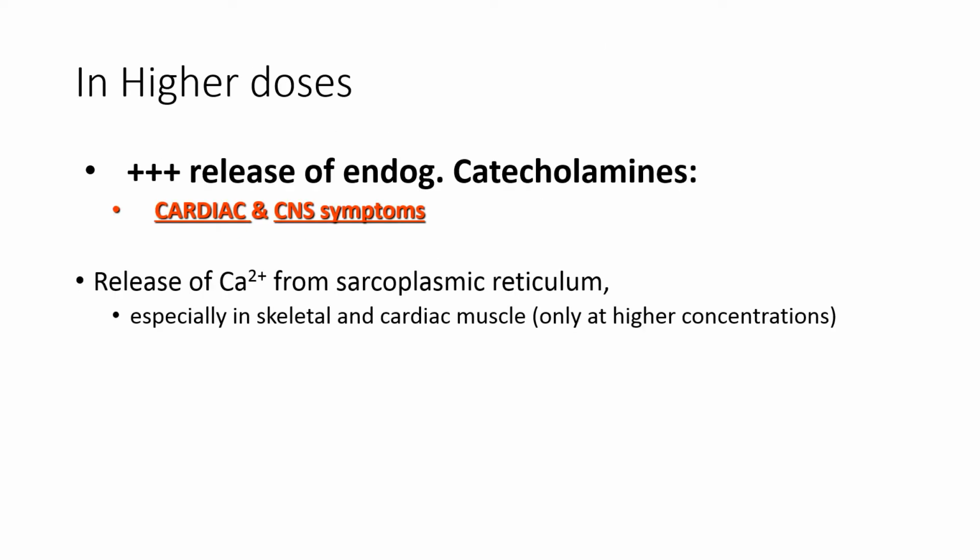But the things that we were discussing usually happen in therapeutic doses. What will happen if we give a higher dosage of theophylline, or a higher dosage of methyl xanthines?